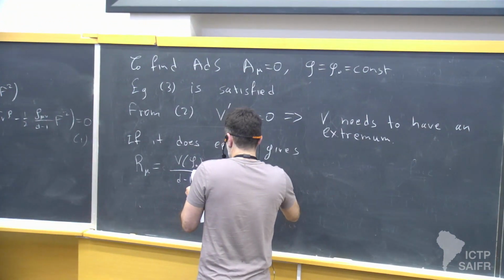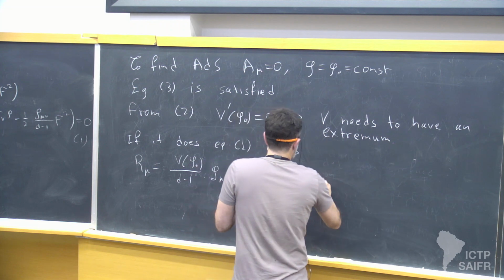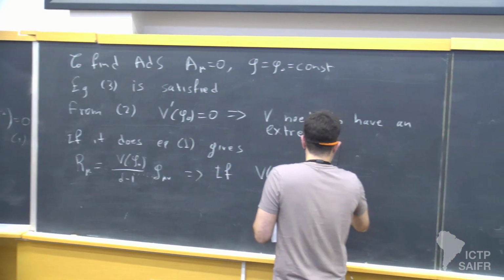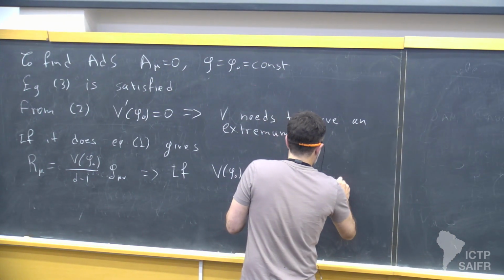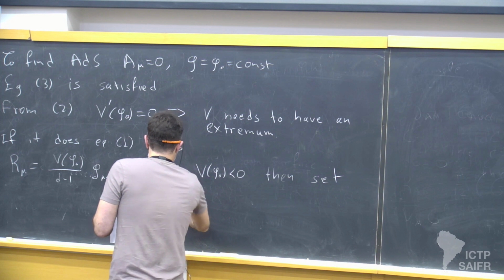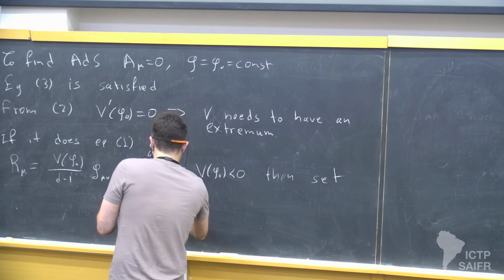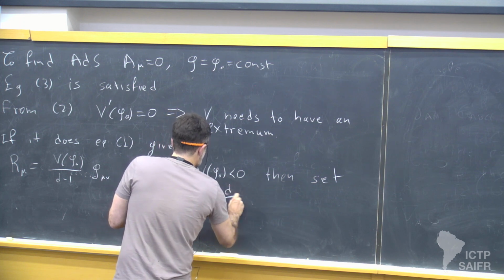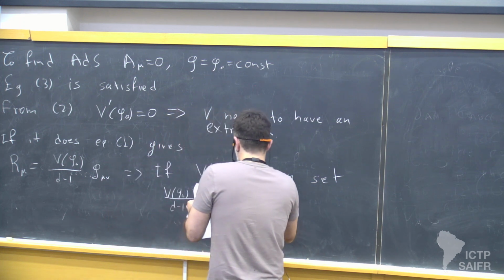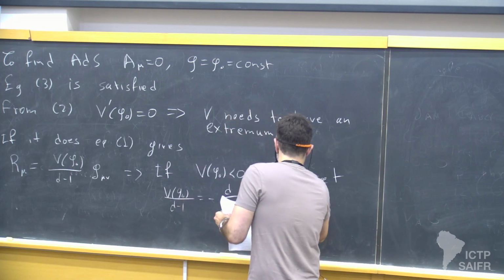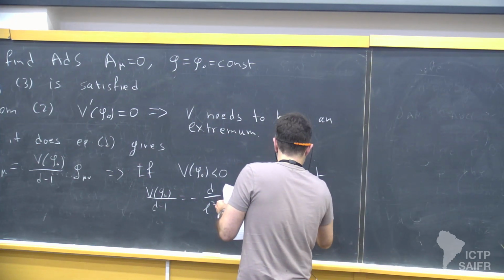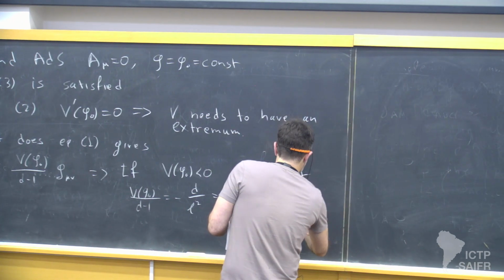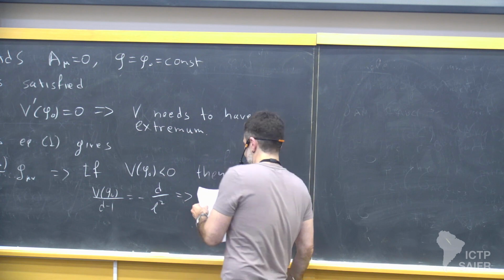So then if V of phi naught is a negative number, then I can set V of phi naught over d minus 1 equal to minus d over L squared. And then the radius of AdS that I will have as a solution will be determined by d minus 1 divided by V of phi naught.